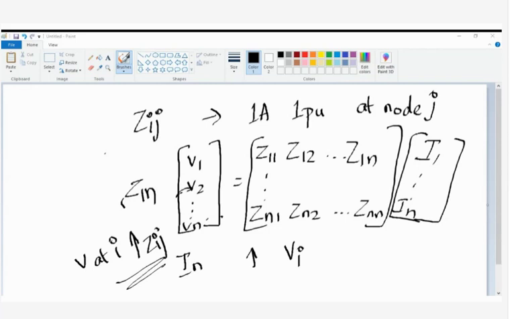It basically tracks the effect of current injection at a node at a different node. Is that clear, Tarini and Varun? Right.